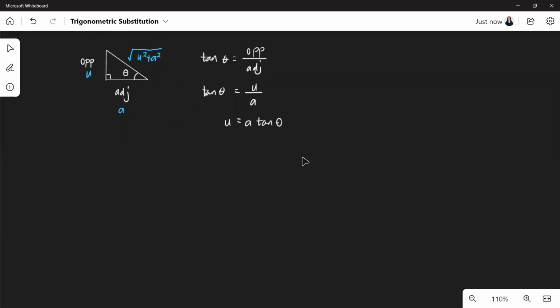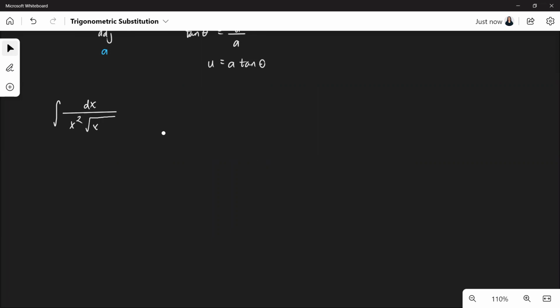So for example, if we have this integrand, an x squared here and the square root of x squared plus 16.